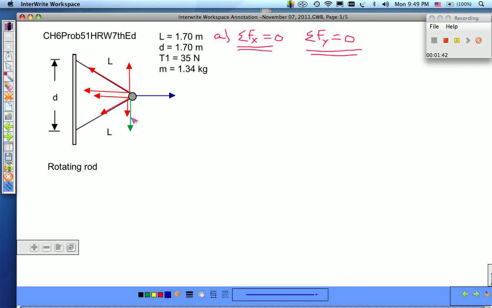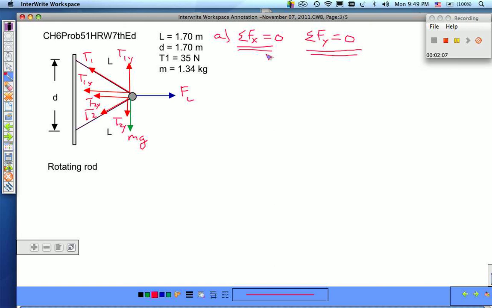Now labeling these vectors, we have mg, the centripetal force, T1, T1y, T1x, T2x, T2, the tension along the string itself, and then we have T2y.